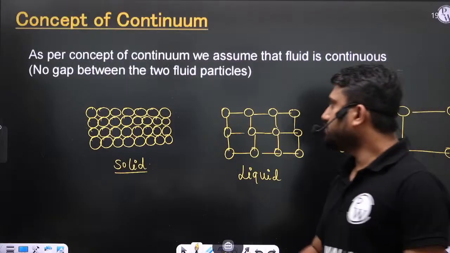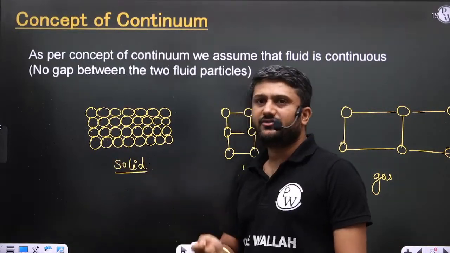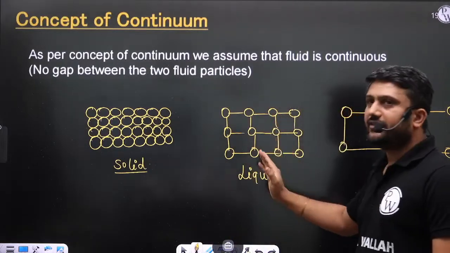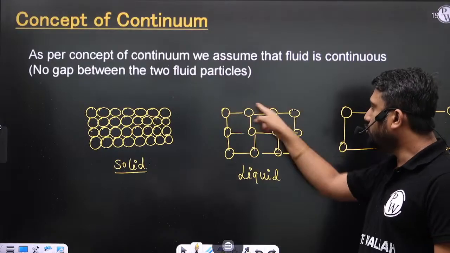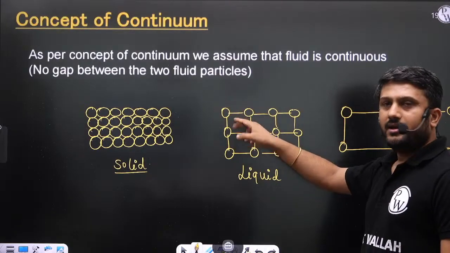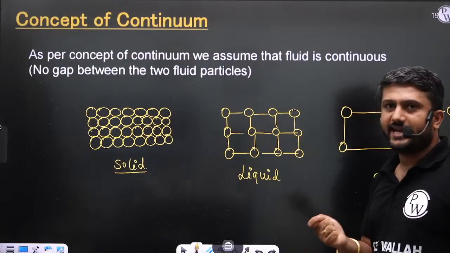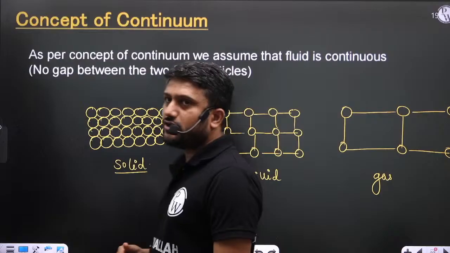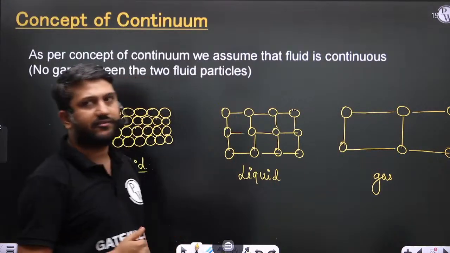So in case of the solid, it is very clear: the distance between two molecules is very small. Whereas in the liquid, there is some distance between the two particles. In case of the gases, the interatomic distance is large as compared to the liquid.